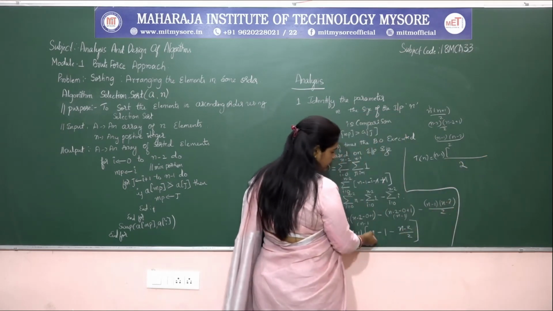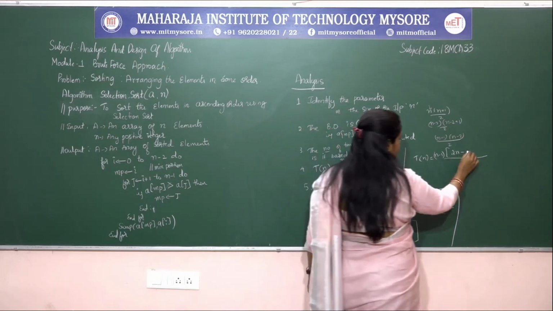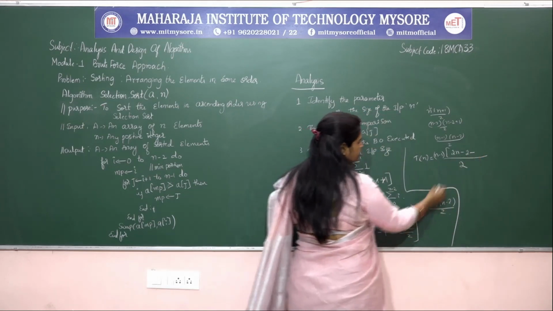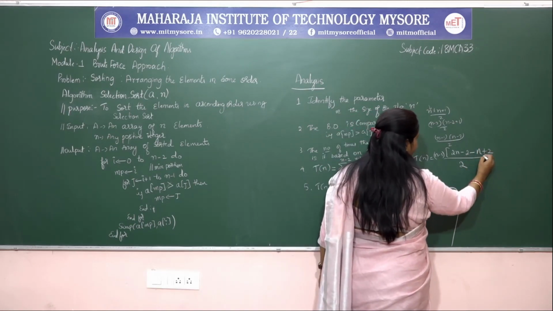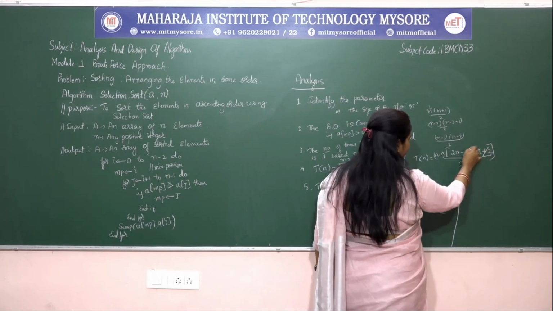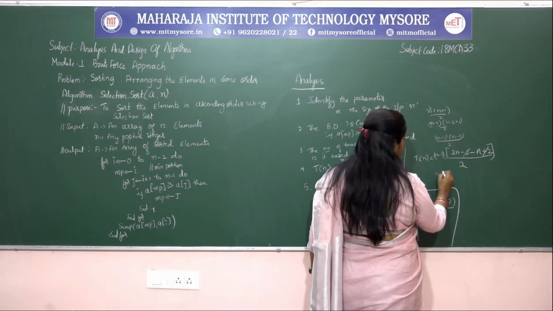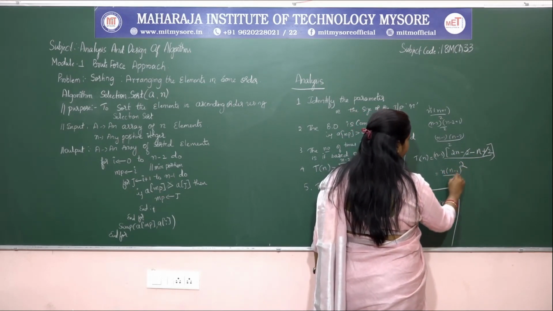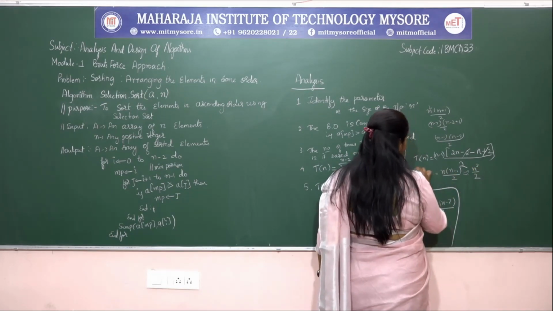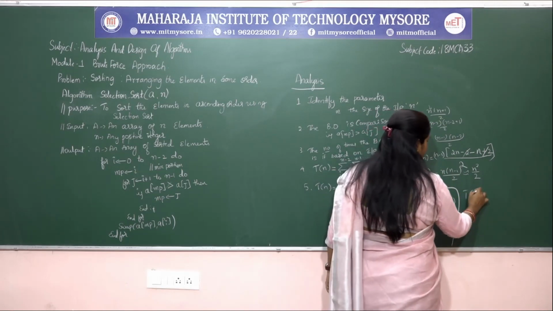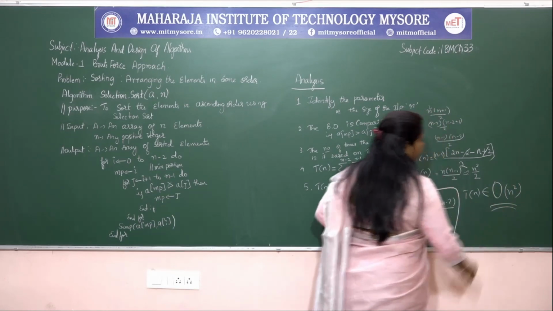Now if you take the LCM, 2 into n minus 1 is 2 minus n, and minus into minus is plus 2, right? So minus 2 plus 2 get cancelled. You are left with 2n minus n, which is n. So this will be n into n minus 1 divided by 2, which will be approximately n square by 2. So your T of n belongs to big O of n square, right?